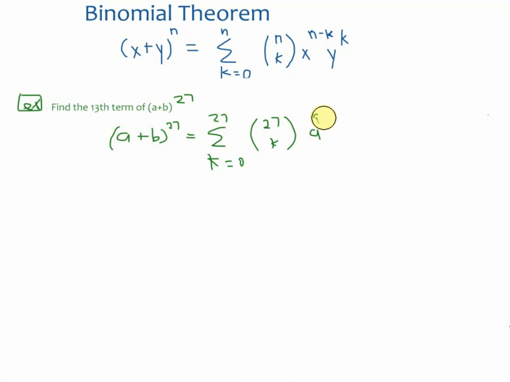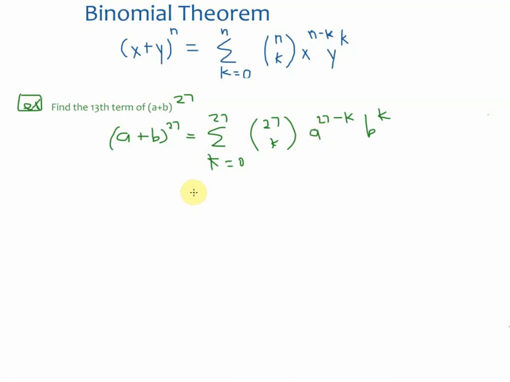It's having little glitches. 27 minus k. Oh, I might have just been on a wavy part of my table. Then we have b to the k power. So once you write your formula, we're leaving the k's but replacing the x, the y, and the n.